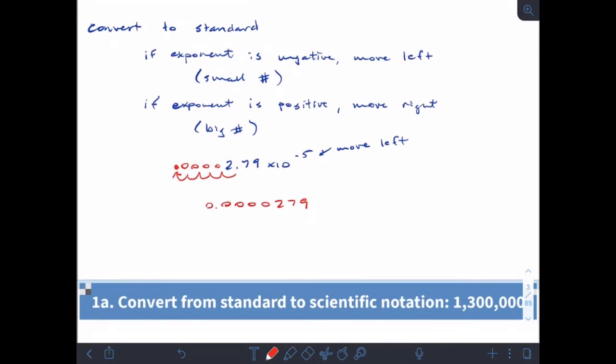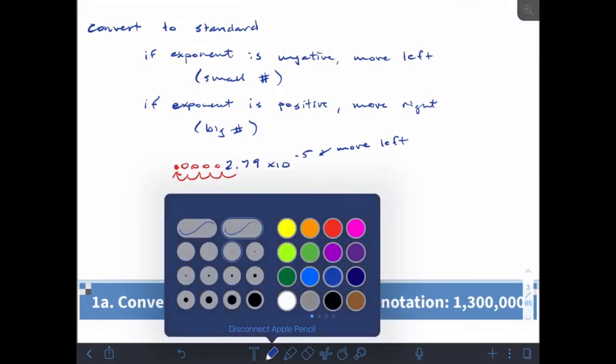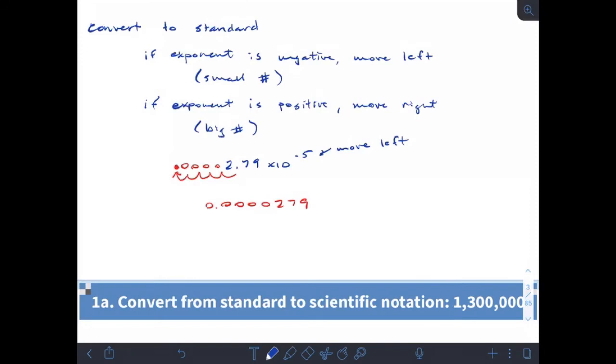Looks like I'm running out of room here a little bit. Let's do another one where we go the other direction. So if I have 6.443 times 10 to the 6, I'm going to make this a big number by moving the decimal place right. Easiest if I write it down here without the multiplier.